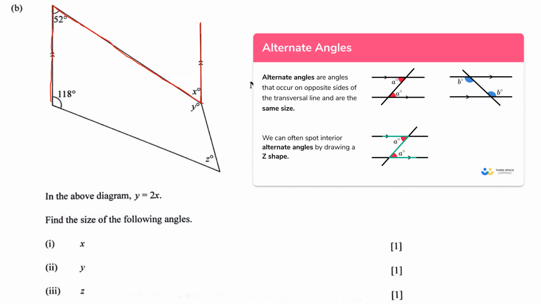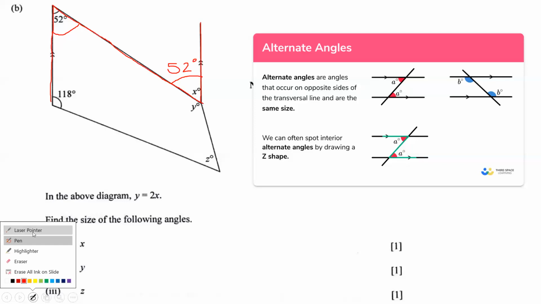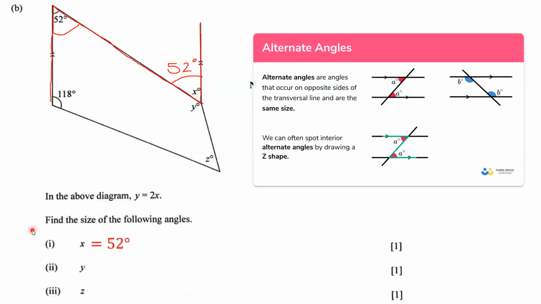So that means that this angle, which is 52 degrees, and this angle, which is X, are equal in measure. So if this is 52, then that means that angle X is also 52 degrees. The reason is because alternate angles are equal.